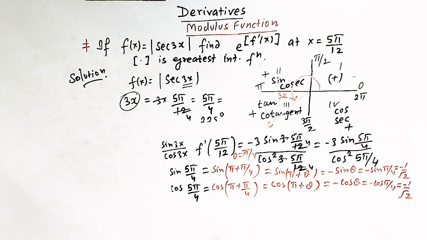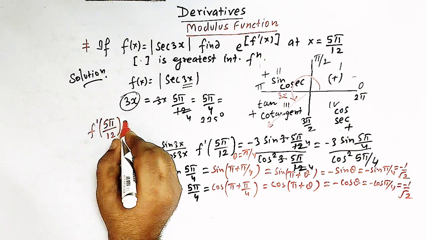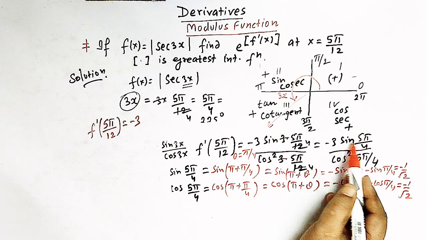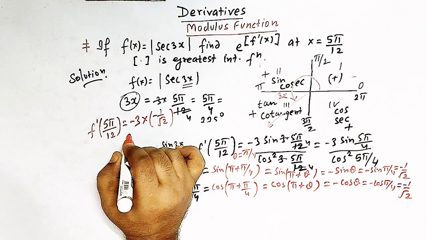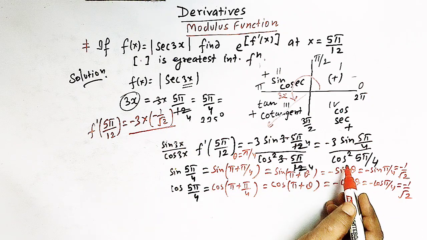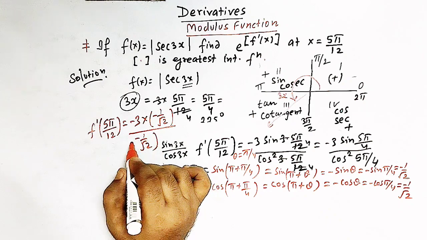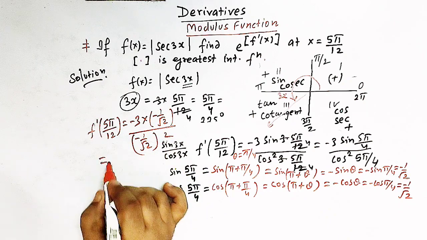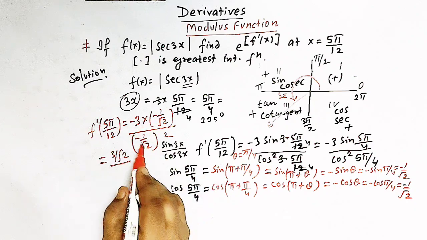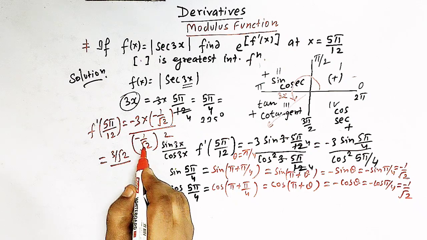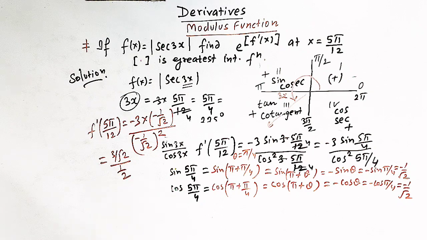So now f prime of 5 pi by 12 is given by minus 3, and sine 5 pi by 4 is given by minus 1 over square root of 2. And here we have cos square 5 pi by 4, so we have minus 1 over square root of 2 whole square, right? Okay, so now this is minus times minus, plus, so we have 3 by root 2, and this is minus 1 over root 2 square, so we have here 1 over 2, right?